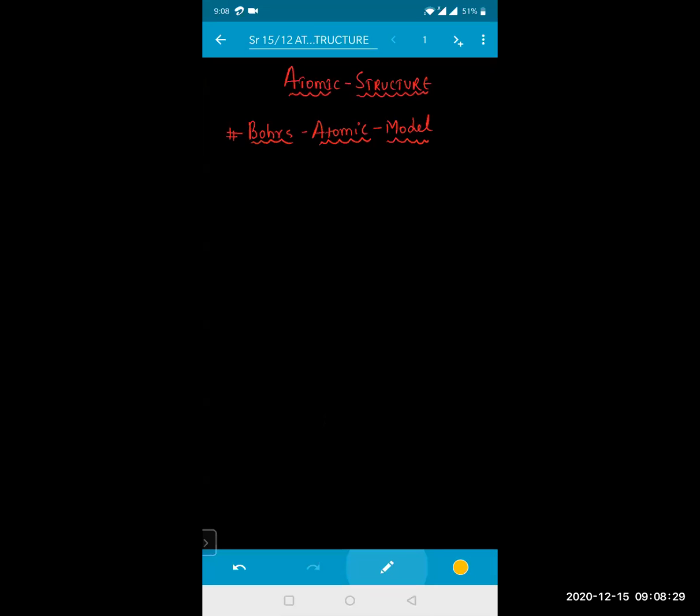It is the first successful experiment for the hydrogen spectrum. You can write this one: this is the first successful experiment for hydrogen spectrum.